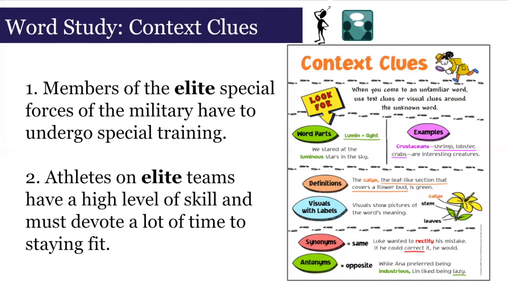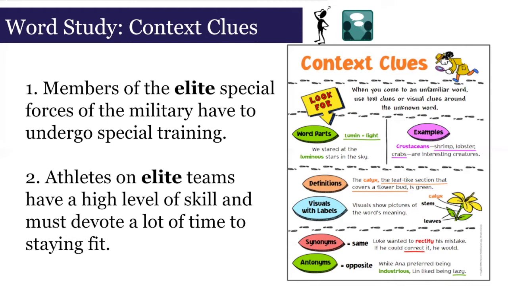Special forces and special training. So that clues me in that elite is related to something special. In this sentence, the other words or context clues tell me that elite is related to a special type of training that not every member of the military receives.